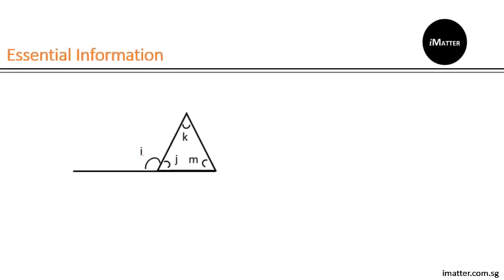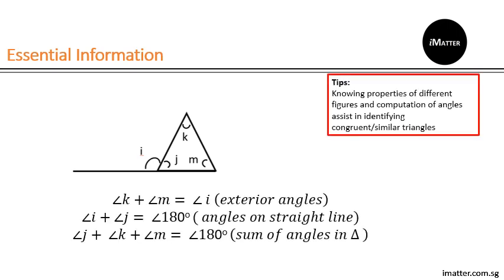For this piece of information, the sum of angle K and angle M, which are inside the triangle, is equal to angle I, which is outside of the triangle and bound by a straight line. For angles on a straight line, the sum of angle I and angle J is equal to 180 degrees.